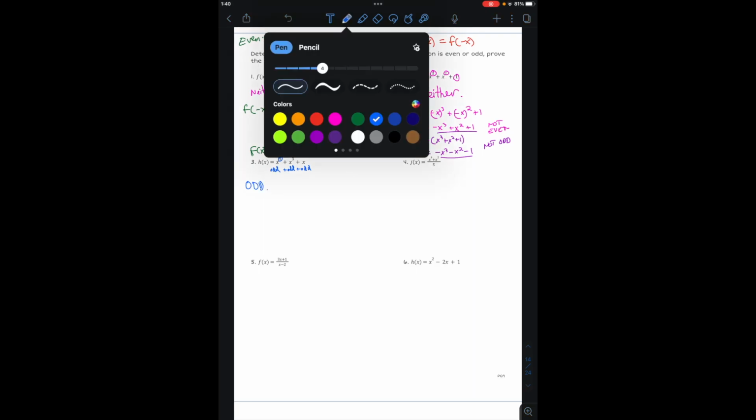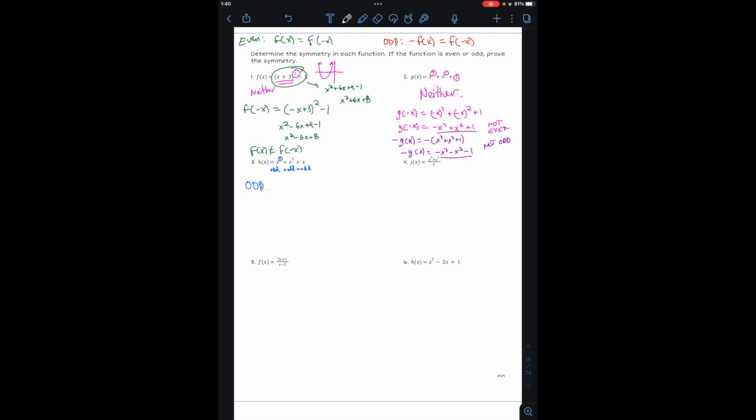However, why don't we just confirm it, because it's good practice. So h of negative x is going to be negative x to the 5th plus negative x cubed plus negative x, aka negative x to the 5th minus x cubed minus x.